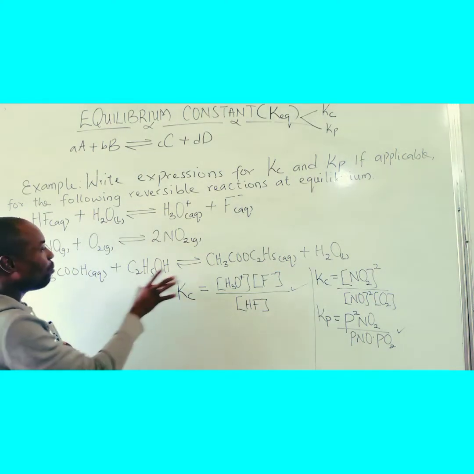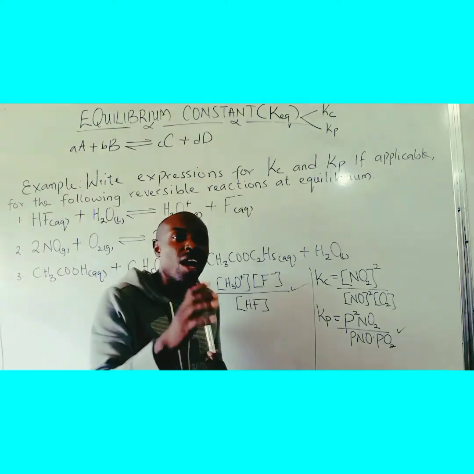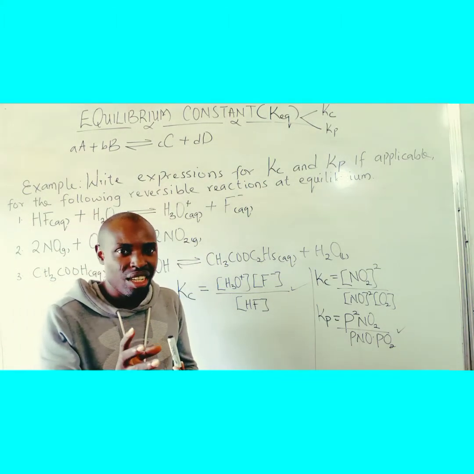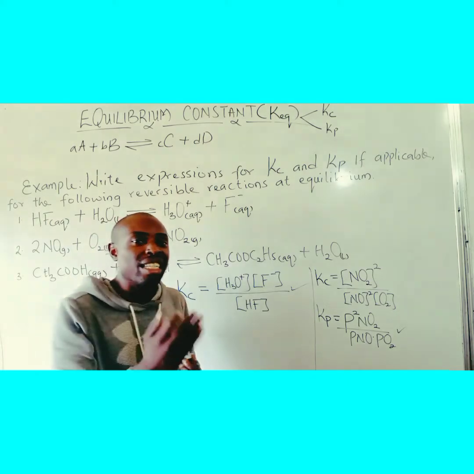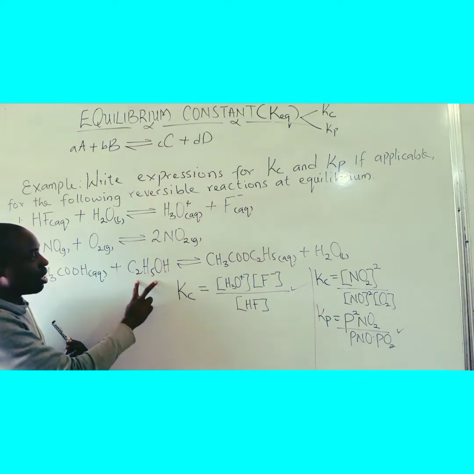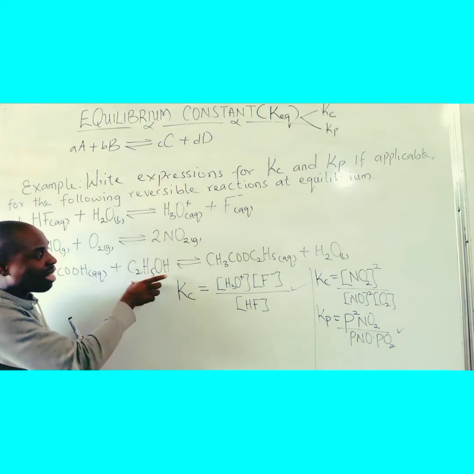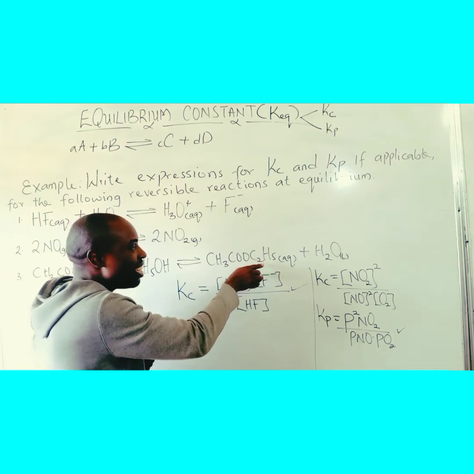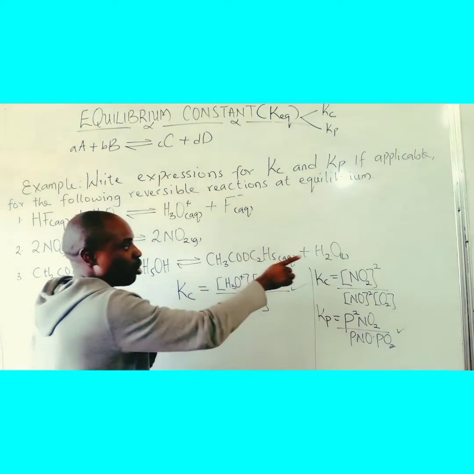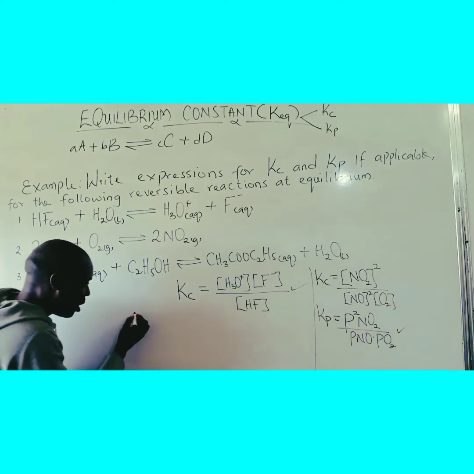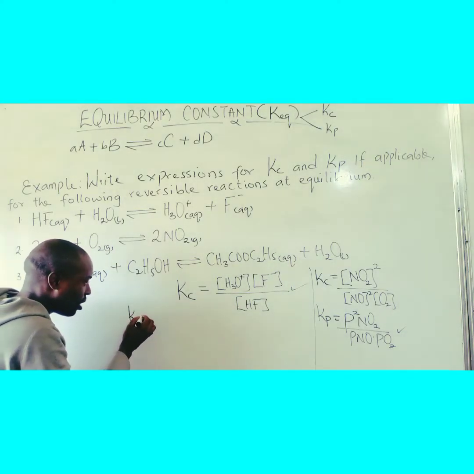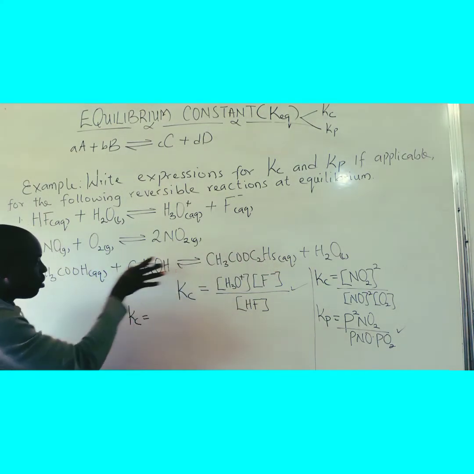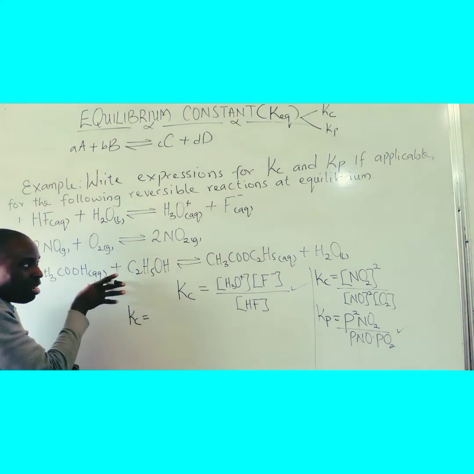In the last one, it involves a very common reaction in organic chemistry, which is the esterification process, whereby an organic acid reacts with an alcohol to give an ester, which is ethyl ethanoate, with water. Now remember, Kc is equal to the product over the reactants.